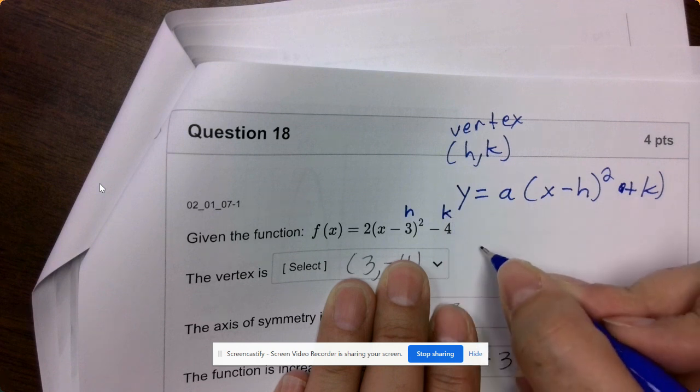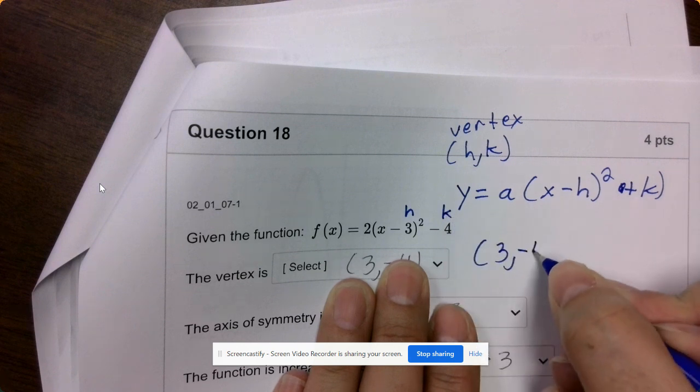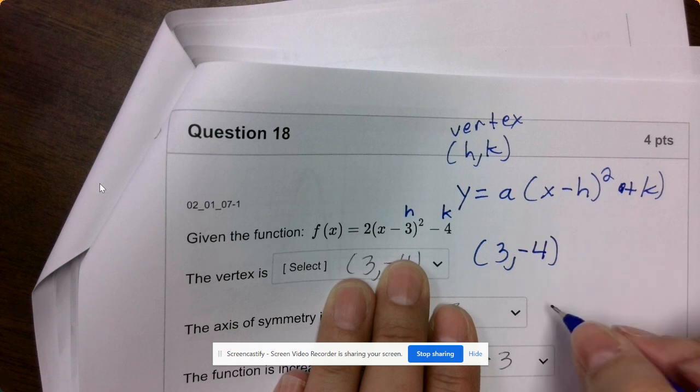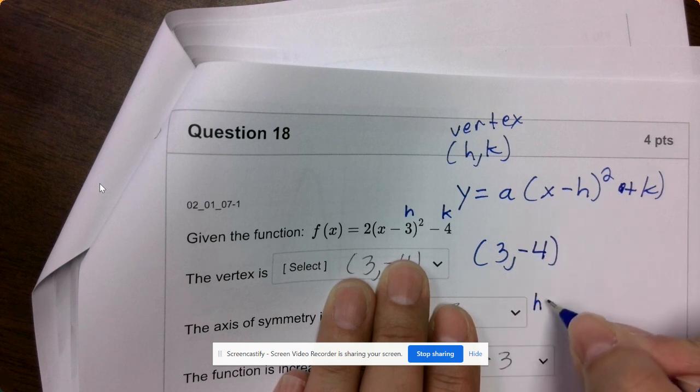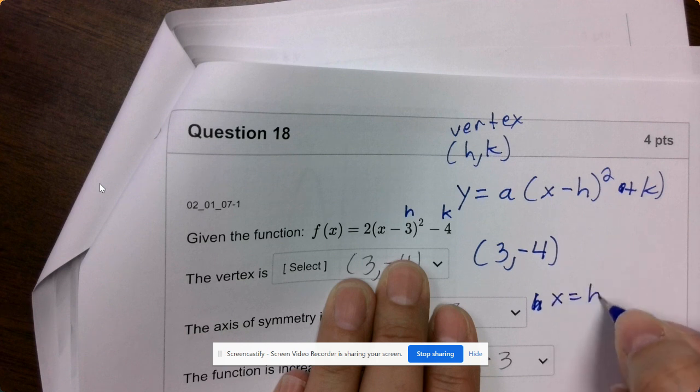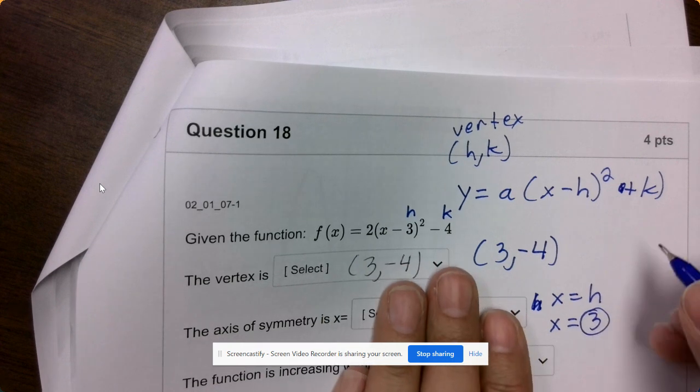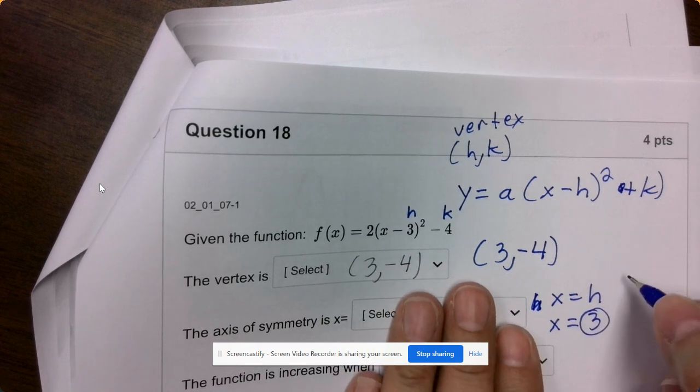So it means that our vertex is going to be at (3, -4). The axis of symmetry, everybody, is going to be our h value. That's where x is equal to h, so that's going to be x is equal to 3. Increasing, everybody.